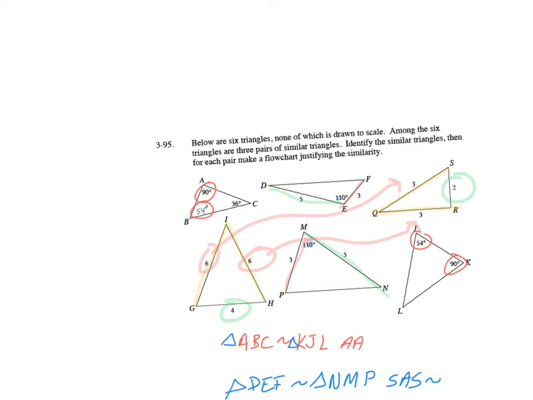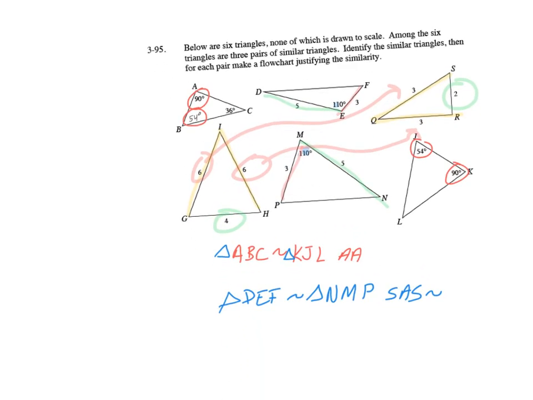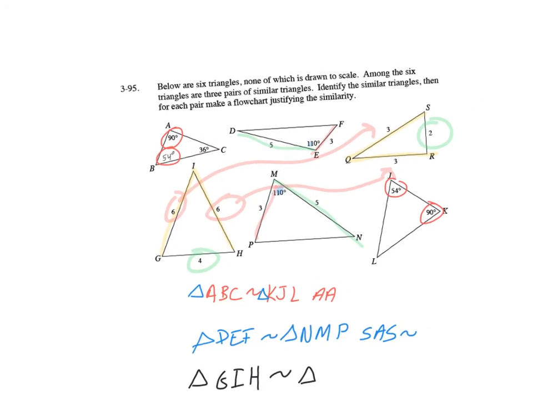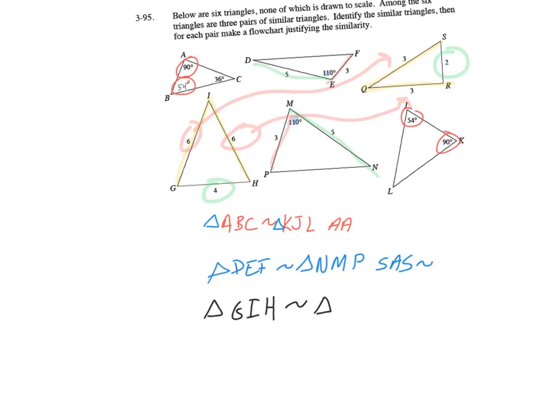The zoom factor, or the scale factor between those side lengths is the exact same. And so I can conclude that triangle GIH is going to be similar to triangle RQS. So just noting that we can take a look at similar triangles, and this last set I didn't even write down, but that's going to be by side, side, side similarity. And hopefully you can notice that we use all three of our different sets of similarity conditions here.